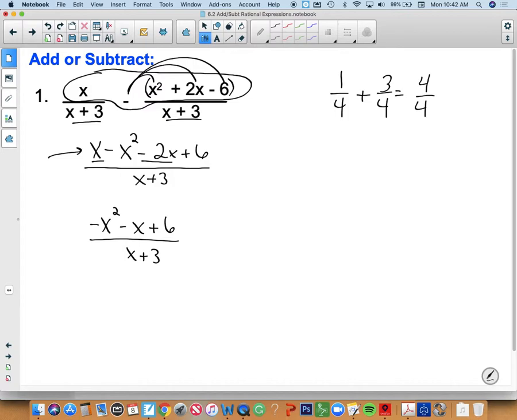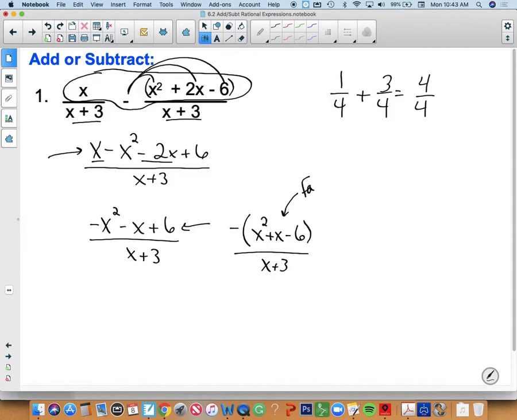And now, before you're done, you want to see if anything factors out, just like we did in the last lesson. So see if you can factor and cancel anything. So in the top here, we can take out a negative, and then that will give us x squared plus x minus 6 over x plus 3. Okay, so let's see if this factors.